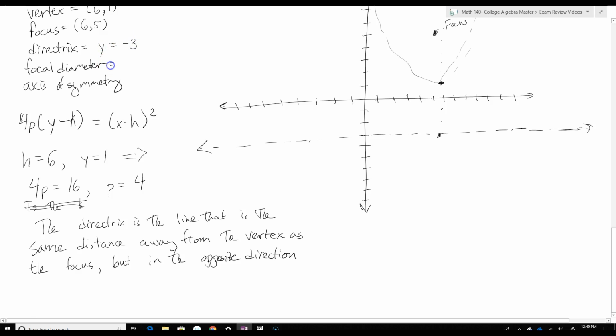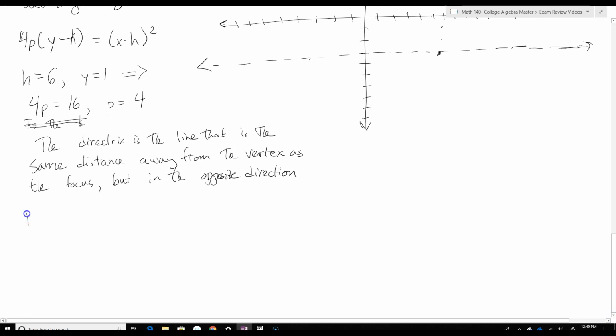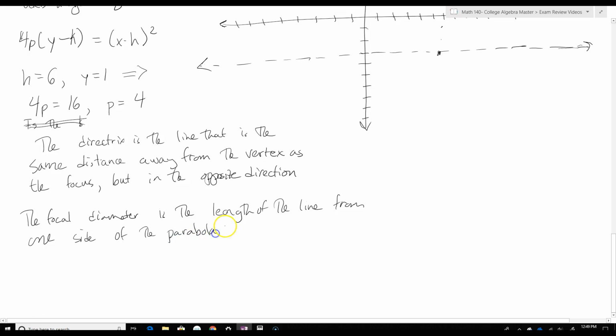Okay, now my focal diameter. The focal diameter is the length of the line from one side of the parabola to the other through the focus.